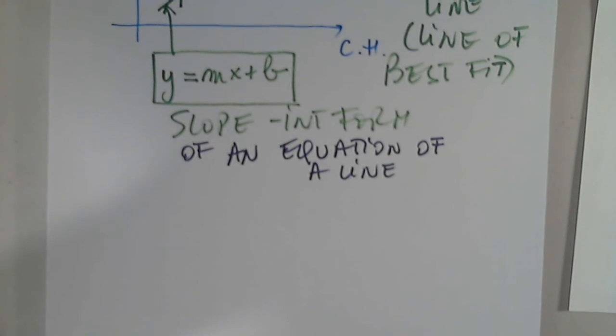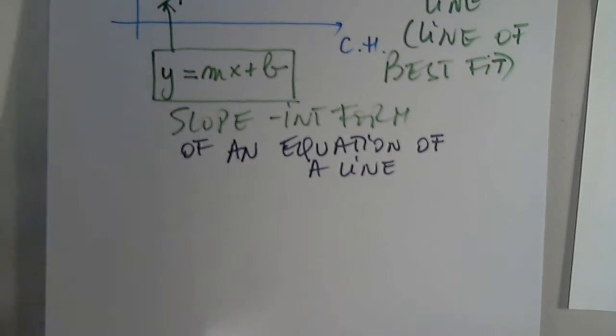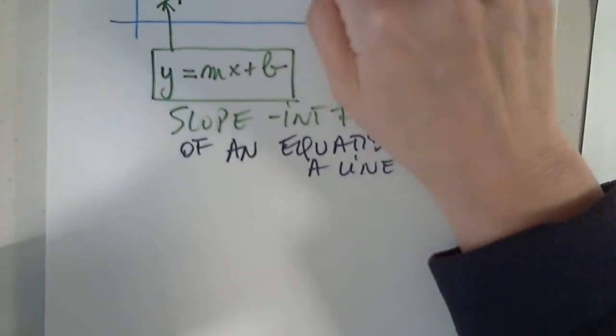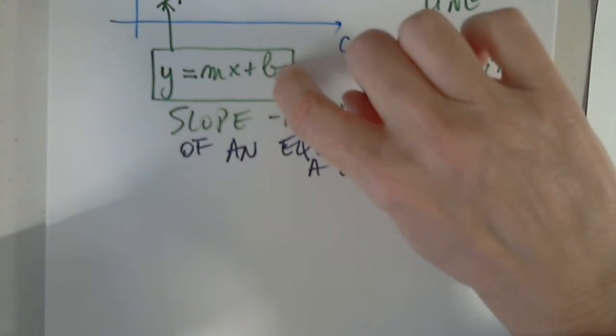Can we determine that? Very easily with a calculator and with StatCrunch, and it will give us the entire line. Everything. The slope and the y-intercept.